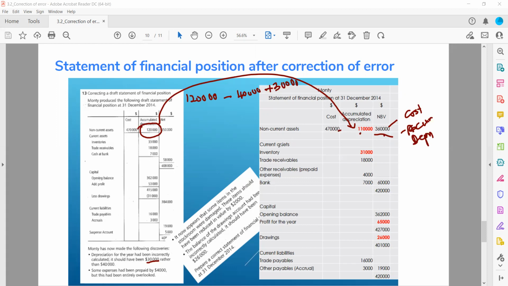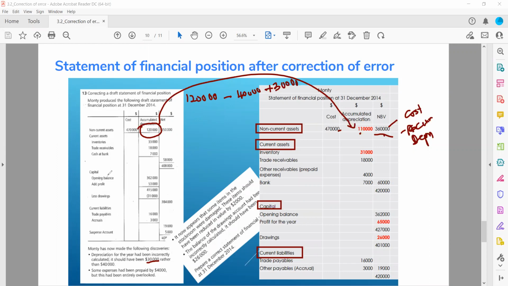The presentation of the sections is fixed. Non-current asset first, then current asset, after that capital. If you have non-current liability, it should be put in here, but this question doesn't have non-current liability, only current liability. Current asset, inventory.